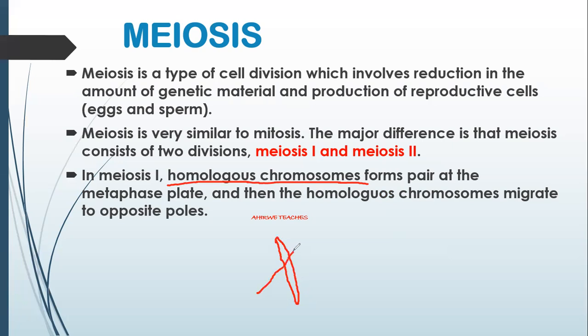If this is my chromosome, and my chromosome replicates, or duplicates, or doubles, depending on which word is easy for you. So my chromosome replicates, maybe this is chromosome A, to give another chromosome A.